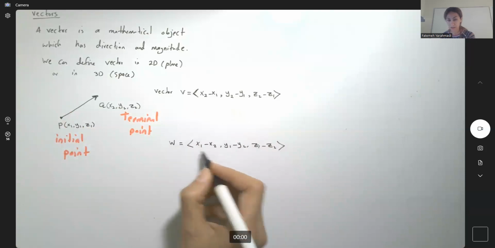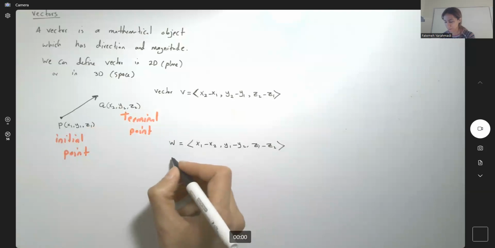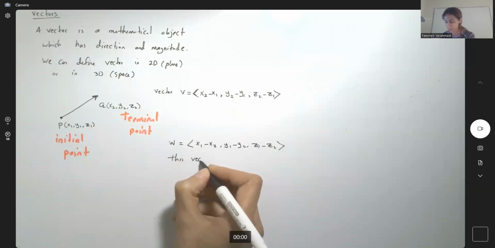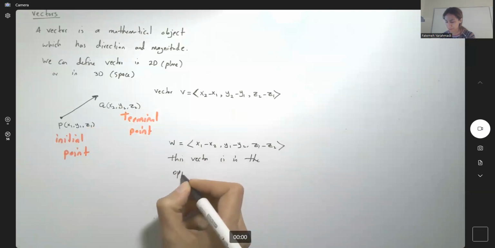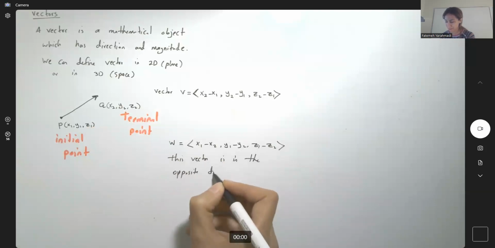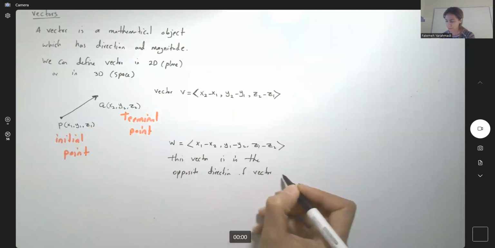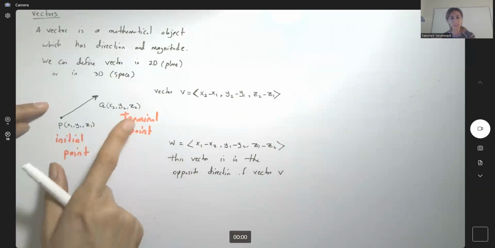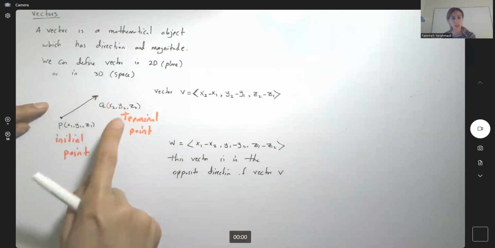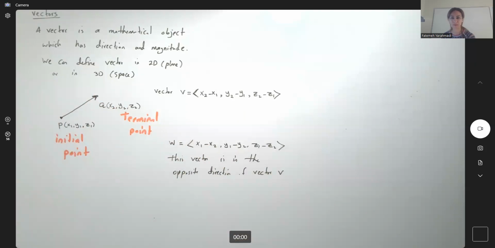In this case, the starting point is going to be Q, and the terminal point is going to be P. This vector is in the opposite direction of vector V. So that's how we define a vector in the space. Remember that if z is equal to 0, we can just define this in the plane in 2-dimension.